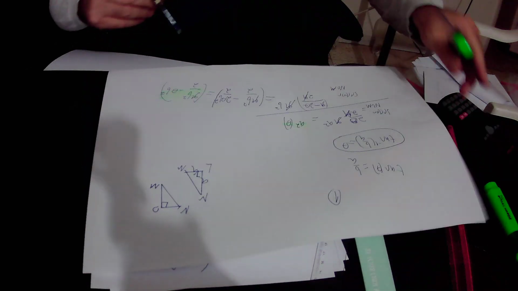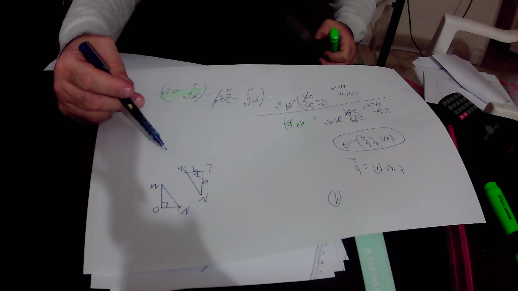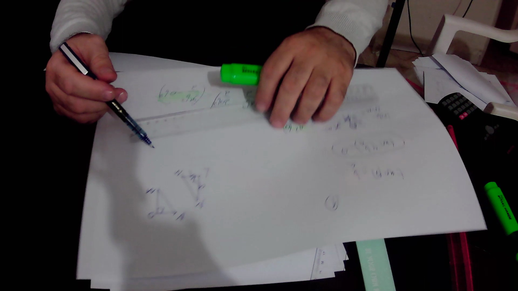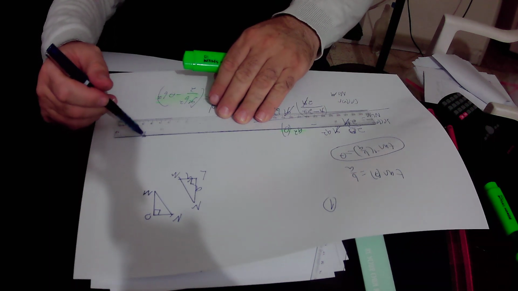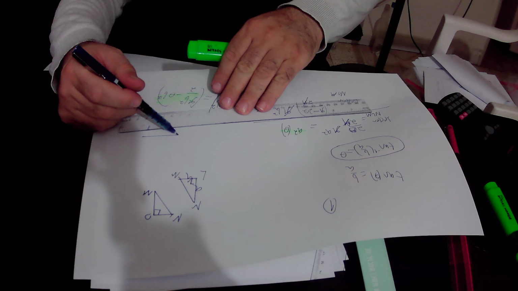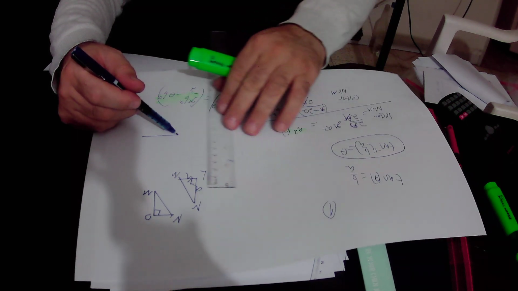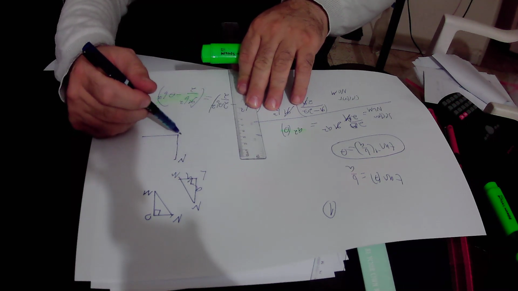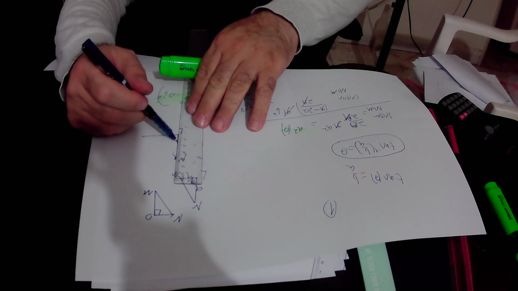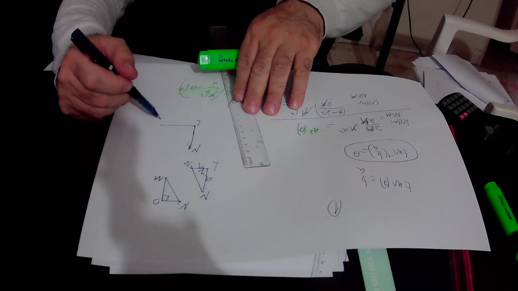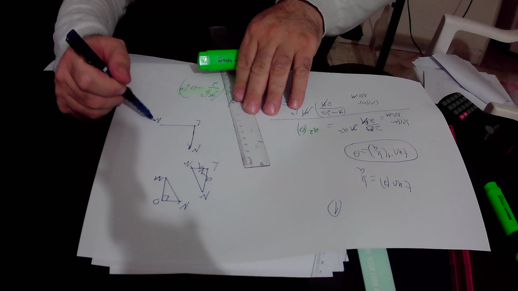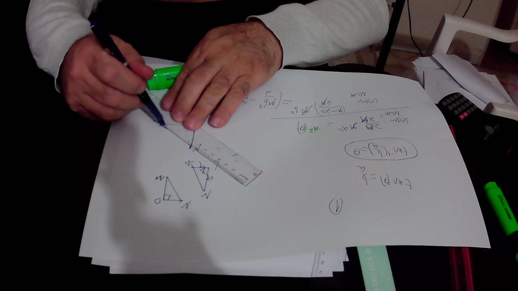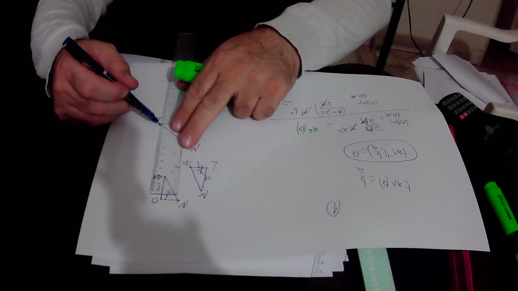So here we will add the two triangles together and we will form quadrilateral NLMO.